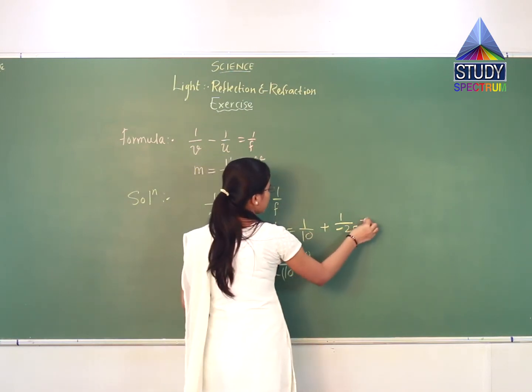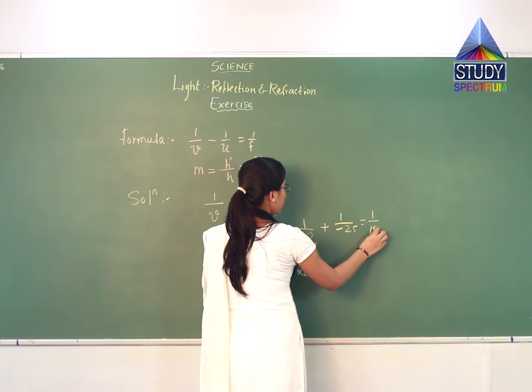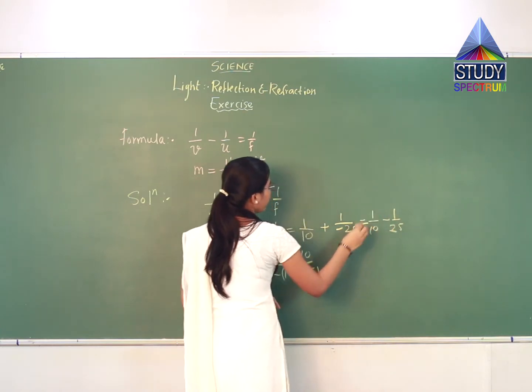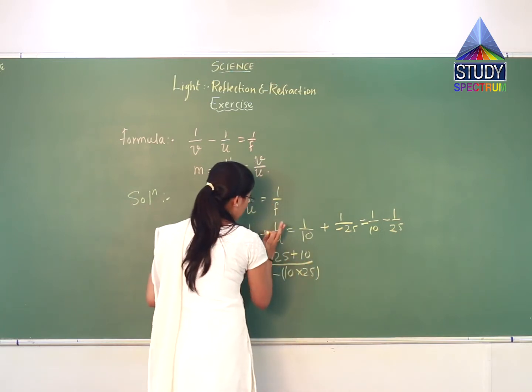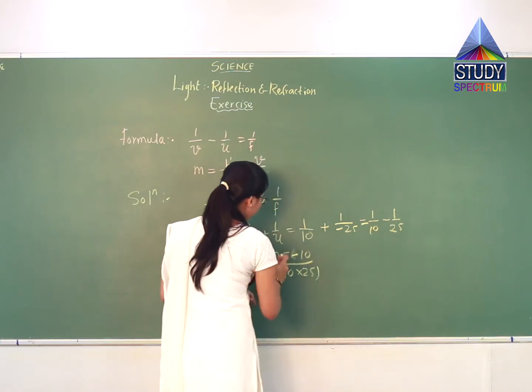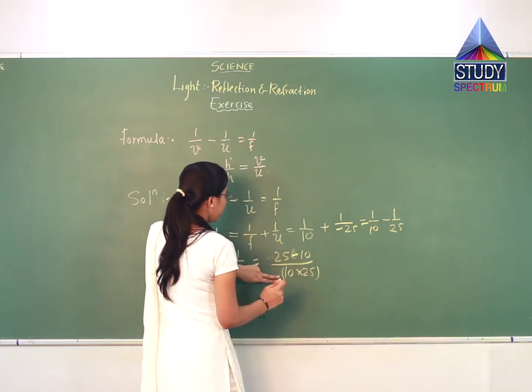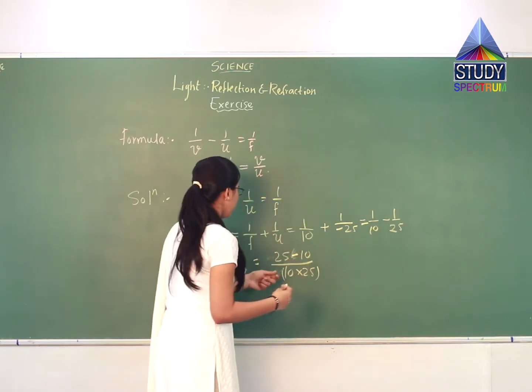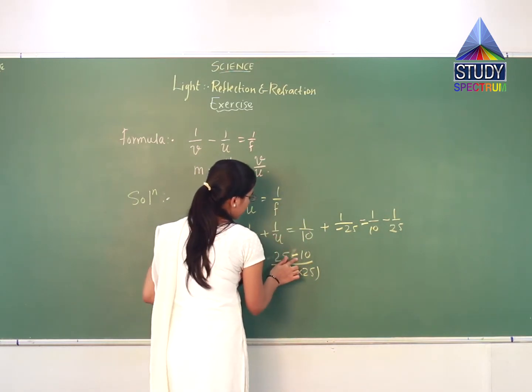Or you can do it like this also, 1 upon 10 minus 1 upon 25. So on solving you will get 25 minus 10, and the minus sign from the denominator will disappear, so you need to cancel minus and minus. So this is a simple way.